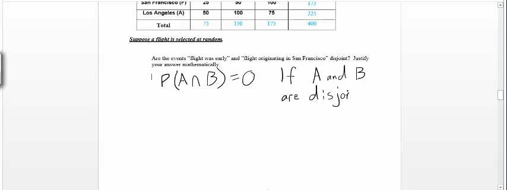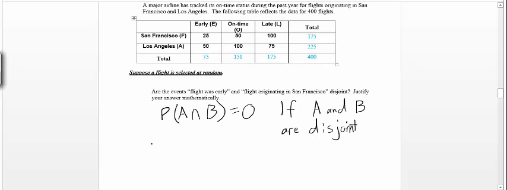Okay, they can't happen at the same time, therefore their probability of occurring at the same time equals 0. Okay, so we're going to see if this property holds true for the events flight early and flight originating from San Francisco. Let's see if the probability that a flight is early and that it's from San Francisco equals 0. If it is, the events are disjoint. If it's not, they are not disjoint.